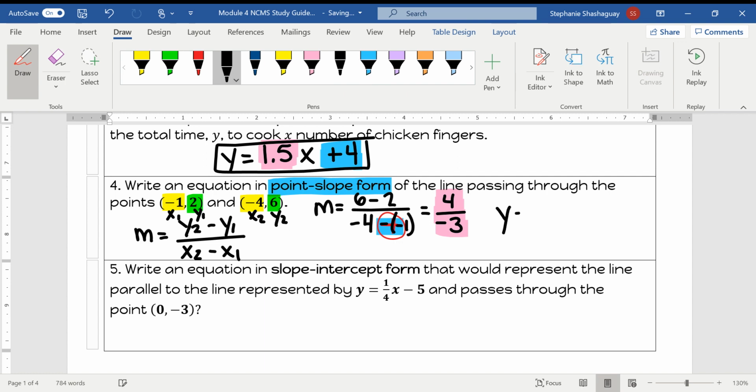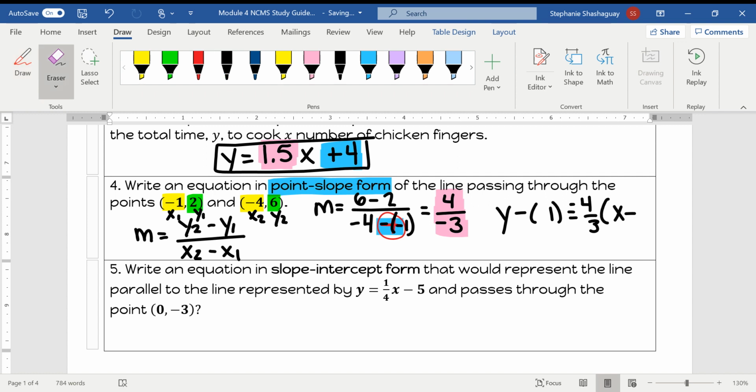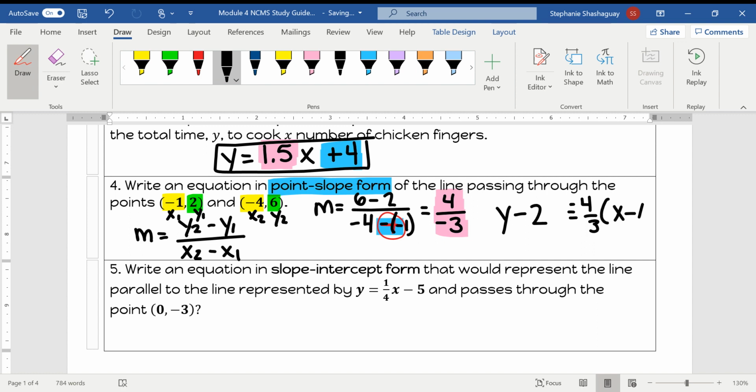So y minus -1 is equal to the slope -4/3 times x minus, oops, I plugged that into the wrong one, sorry. That should be y minus 2, x minus a -1.